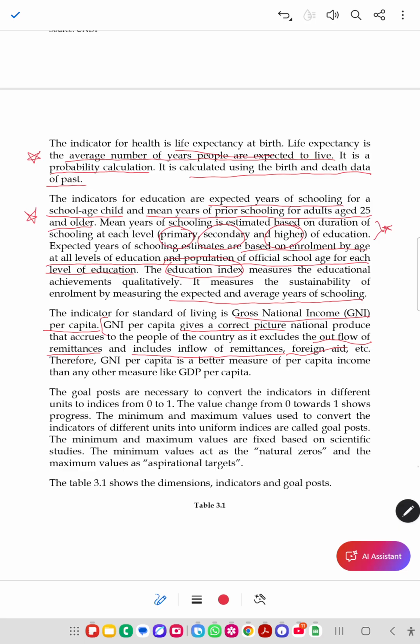The goalposts are necessary to convert the indicators in different units to indices from 0 to 1. The value change from 0 to 1 shows the progress.